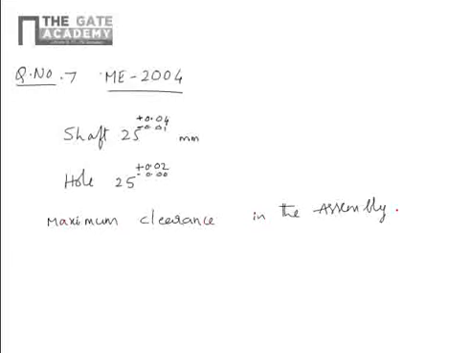First of all, we need to draw the diagram. Reference line or basic line. Shaft first. Shaft has negative bilateral tolerance. So plus 0.04.